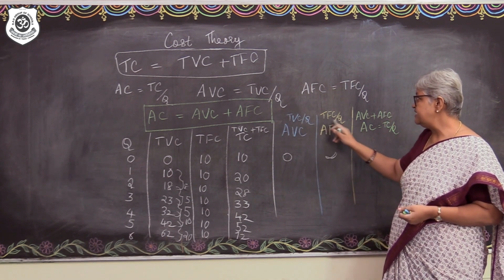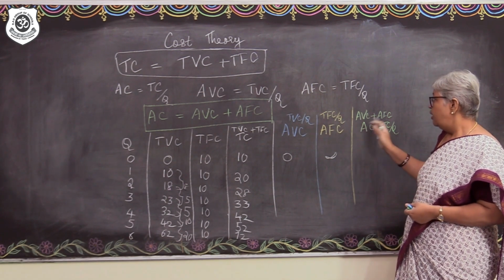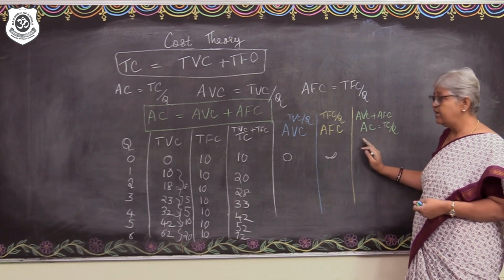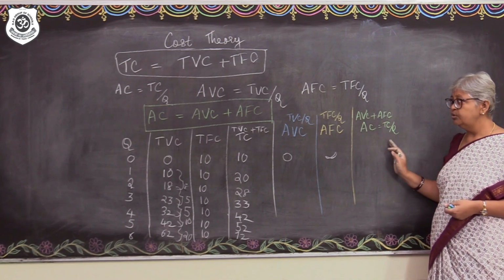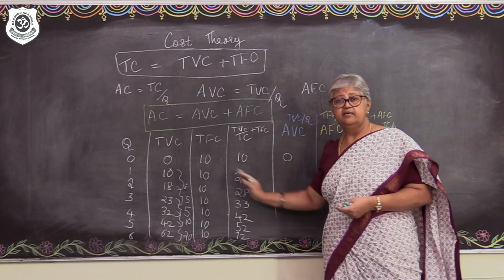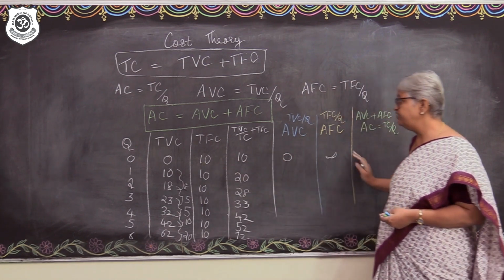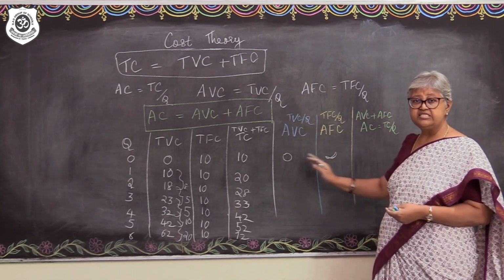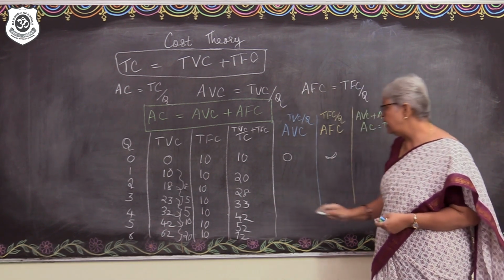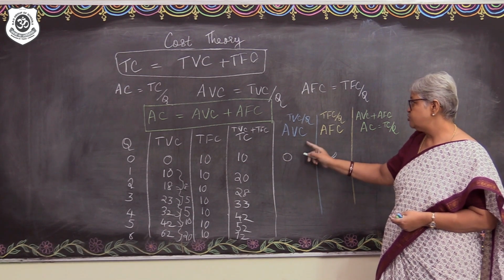And AFC is TFC by Q and AC is combination of AVC and AFC, or it is understood as TC by Q. So the way in which these variables are going to change will affect very much the behavior of these cost curves. Right? So let's just move on to check out how the average variable cost changes.